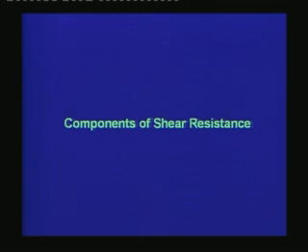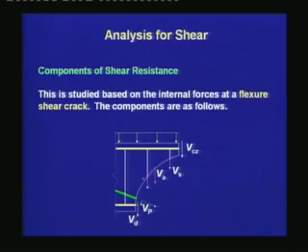Next, we are moving on to understand the components of shear resistance in a reinforced concrete beam. This is studied based on the internal forces at a flexure shear crack. The components are as follows. Thus, we are seeing the free body of a section of a reinforced concrete beam.